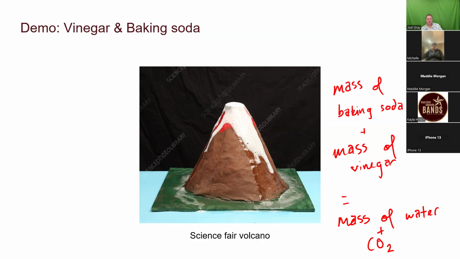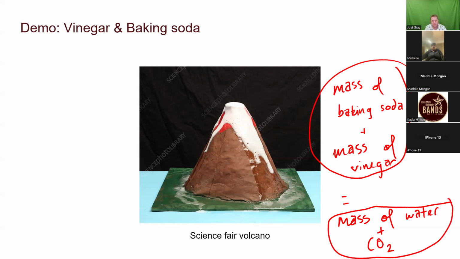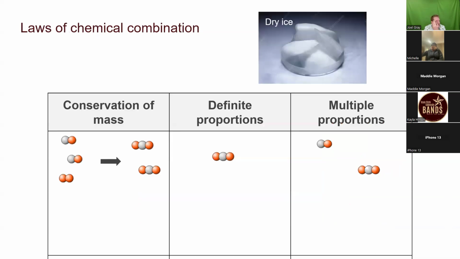So when this reaction takes place, you have two reactants, and in this case, you have two products, and the mass of this combined is going to be equal to the mass of these products that are combined. No mass is destroyed, no mass is created, nothing's lost or gained. Instead, they just change into different substances.